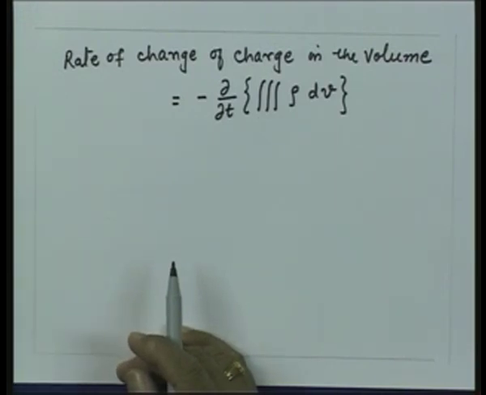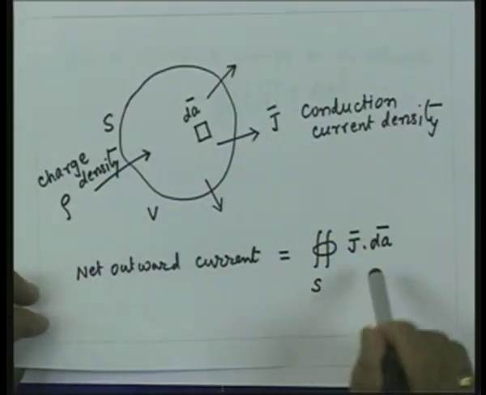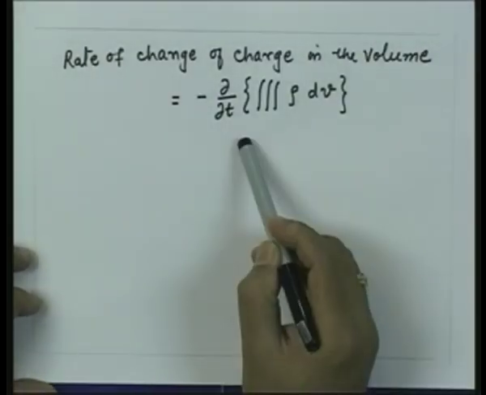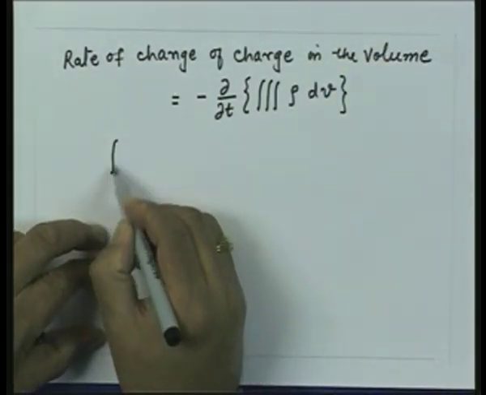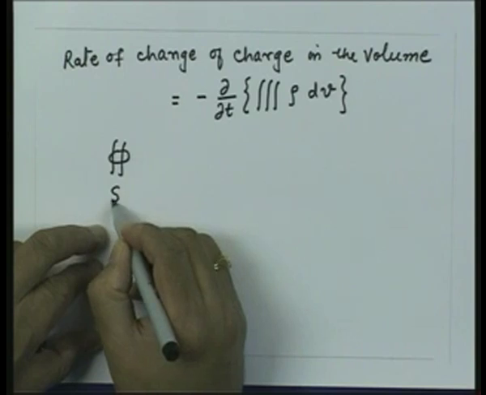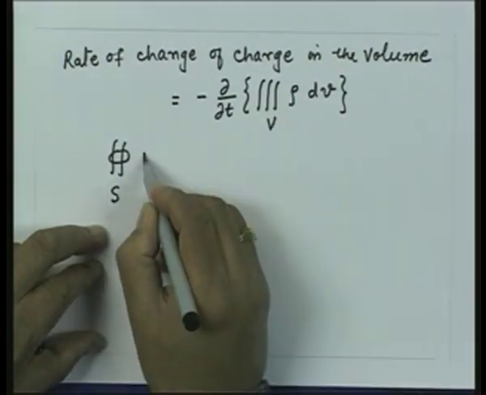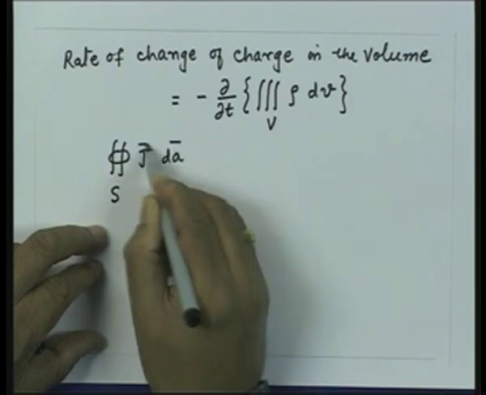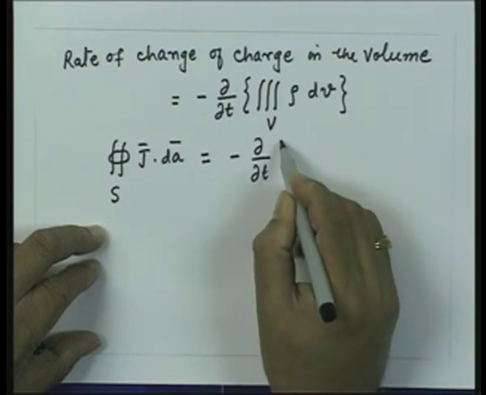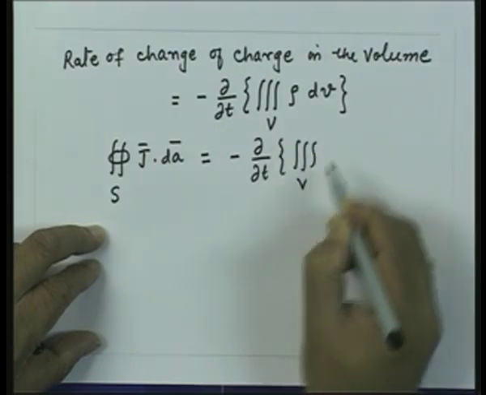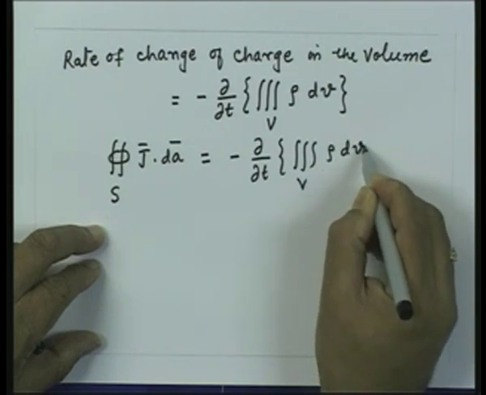What we are now saying is that simply by definition of the current, that is the current means the rate of change of charge, this net flow of the current from this surface should be equal to the rate of change of charge from this volume. So, essentially from this we get that the closed surface integral over S, J dot dA, is equal to minus d by dt of the integral over the volume rho into dV.